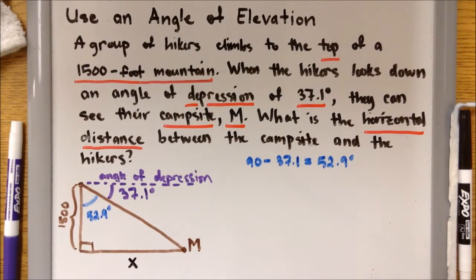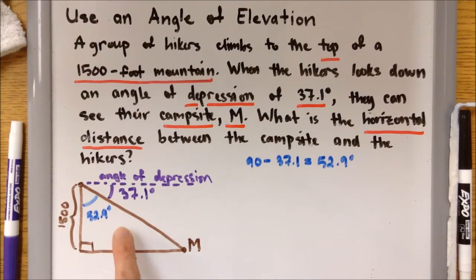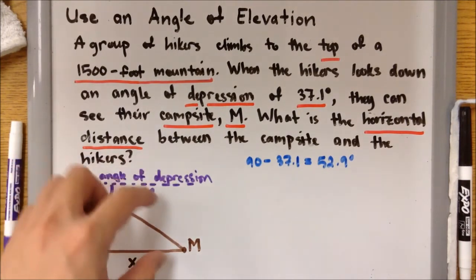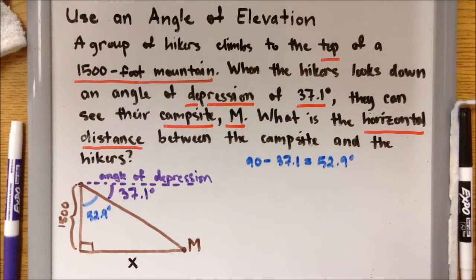Or instead of that, again from geometry, I can use the interior alternating angles. If these two lines are parallel and this is a transversal line, we can use the definition of interior alternating angles.